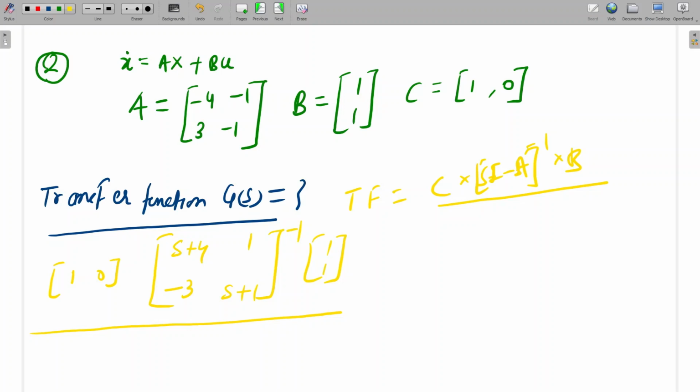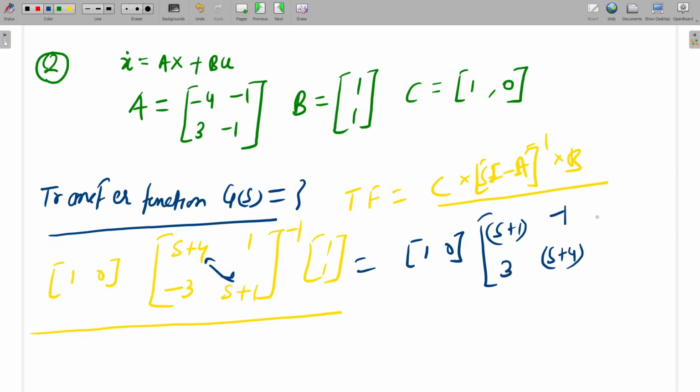So how can we find the inverse of a 2 cross 2 matrix? Does anyone know the short trick? The elements on the diagonal are exchanged. Is it correct? So that I'm going to write; you can tell whether it is correct or not. s plus 1, s plus 4, and here the minus sign is multiplied, minus 1 and 3.